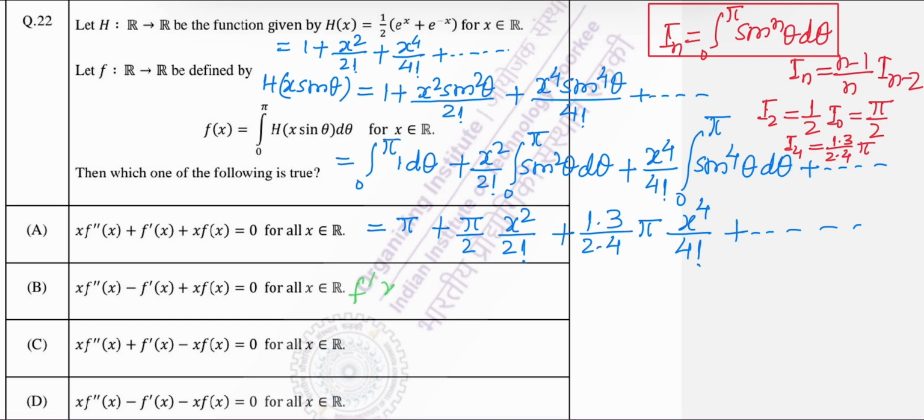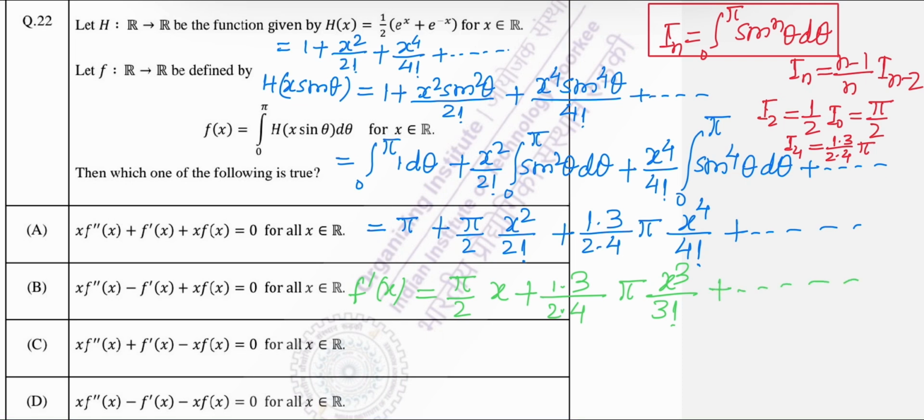Differentiating, we can find that it will be pi by 2 x plus 1 into 3 by 2 into 4 times pi times x cube by factorial 3, plus and so on.